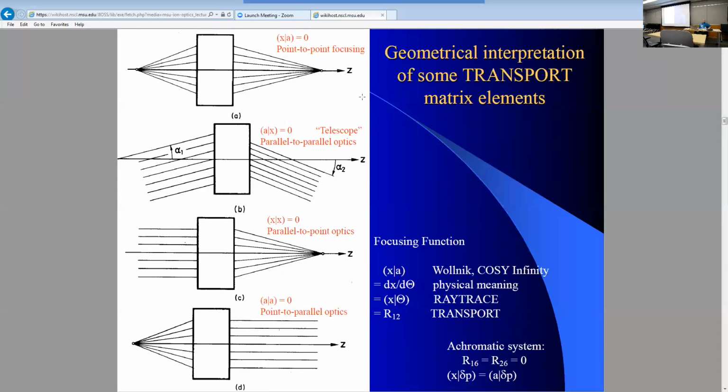I think it's because it's parallel, right? So you can come in at different positions and you're going to get the same angle out regardless. Right, so your angle's in the numerator there, so that's not going to change based on a difference in position from the entrance. This is just one example. If you have here, this is the central ray into a quadrupole, of course, going straight through, not bent like in a dipole.